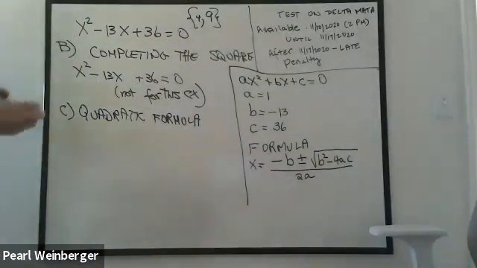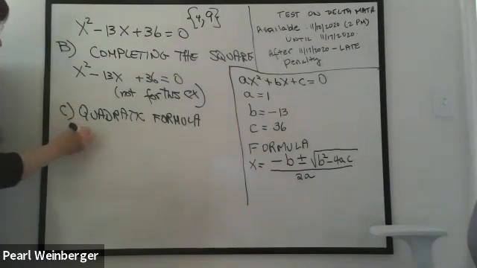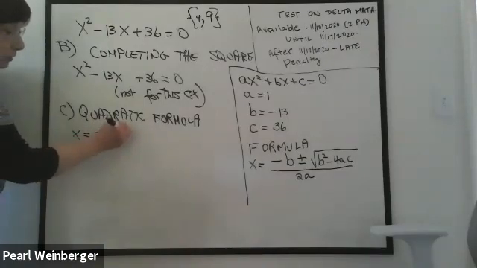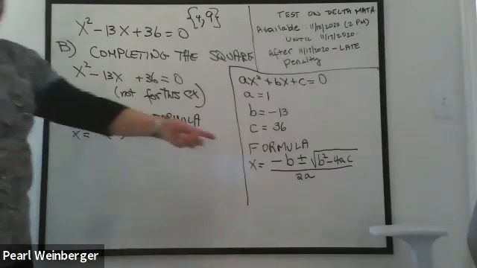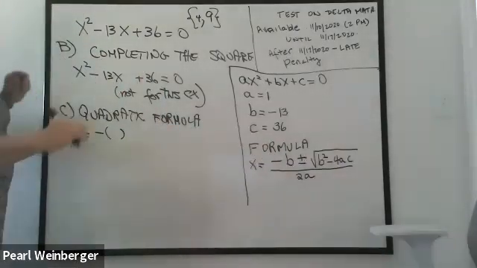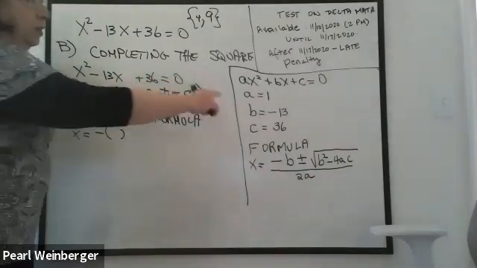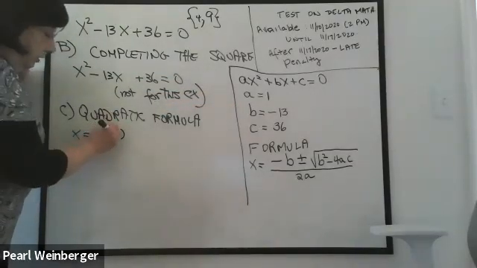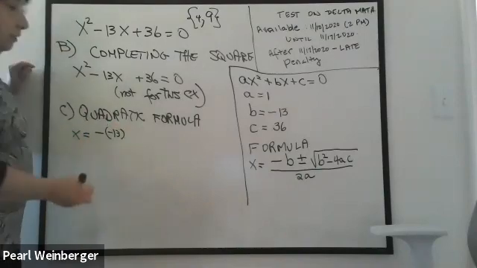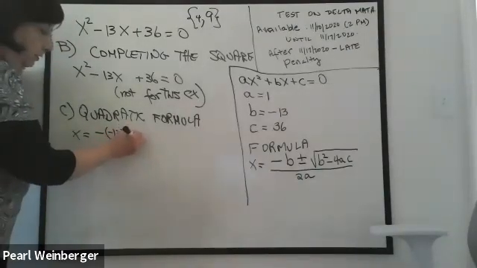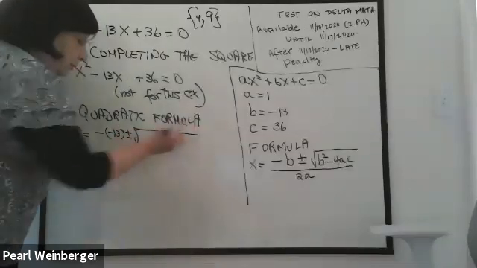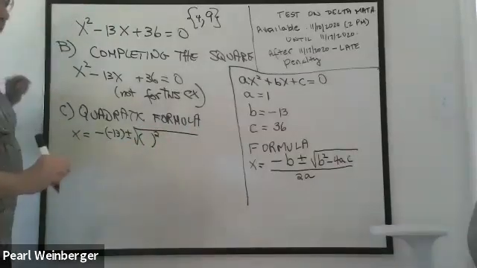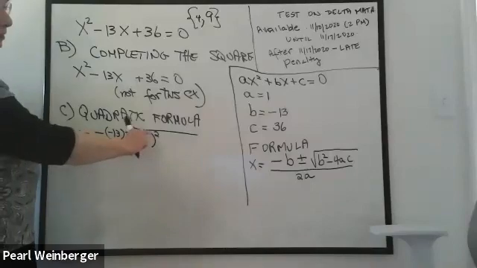So here we are. My x is going to be negative b. So here's negative. When you take away the letters, put a parentheses and fill the parentheses with the proper number. The b is negative 13. So this is parentheses negative 13 plus or minus my square root. Now the first thing says b squared, so I'm putting a parentheses instead of the b, and it's the parentheses squared.